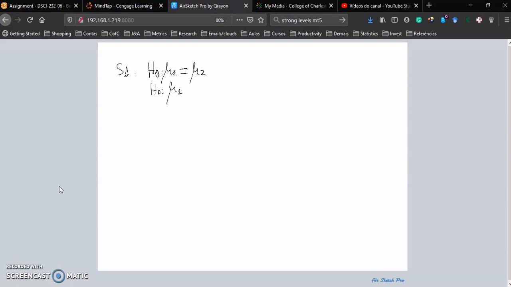And the other one is that the mean in one training center is different than the quality in another training center. This is the same thing as having a null hypothesis mu1 minus mu2 is equal to 0. And the alternative is that mu1 minus mu2 is different than 0. Okay, so I know that this is two tail.